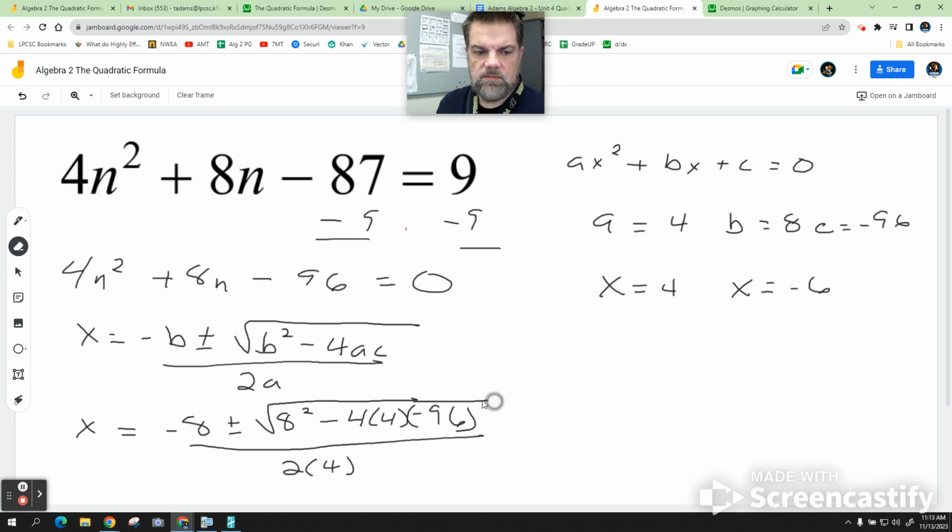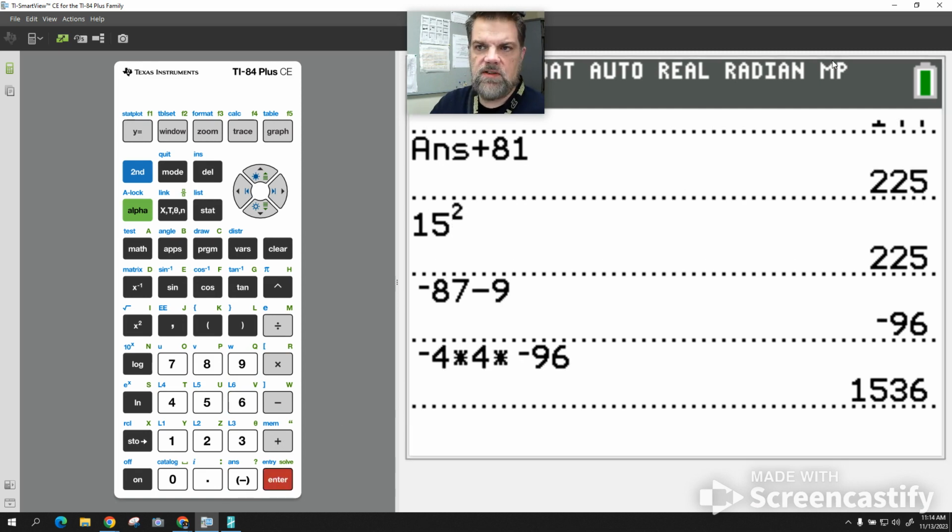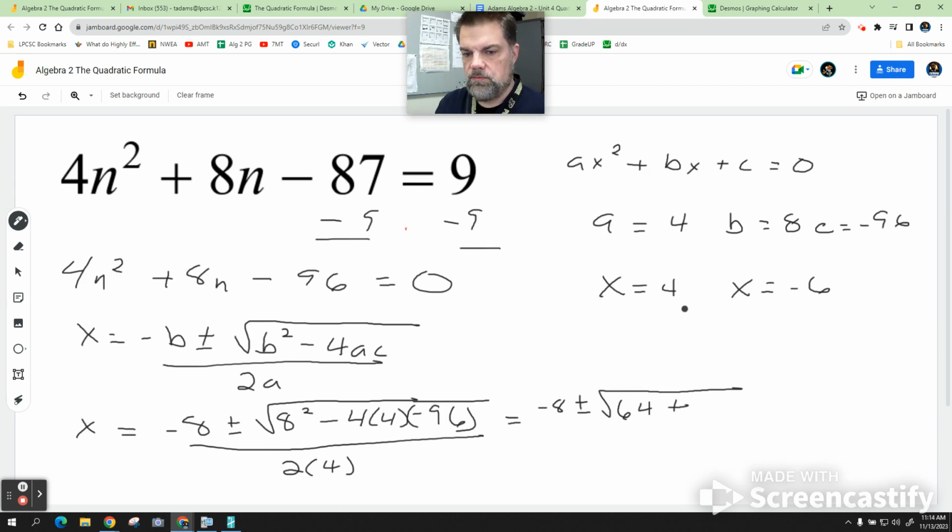So that equals negative 8 plus or minus the square root of 64 plus... If you don't know the answer to this, plug it in your calculator. We have to do negative 4 times 4 times negative 96, which is 1536. I think 1600 is what it ends up being. All over 8.